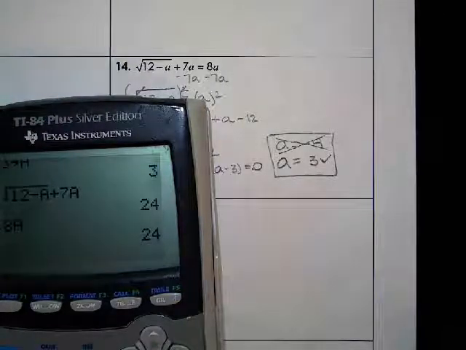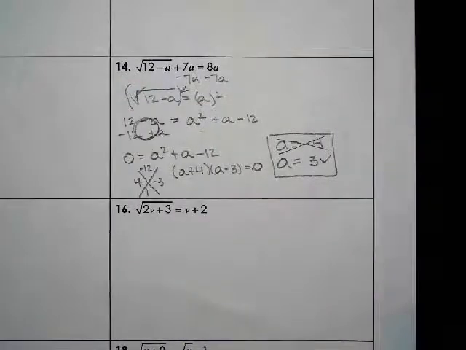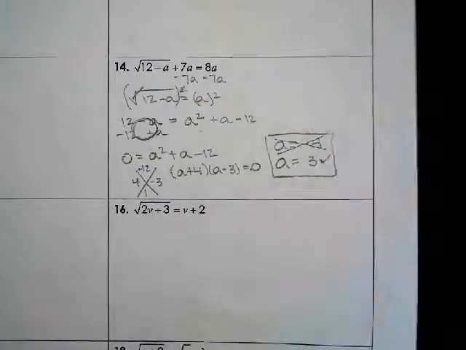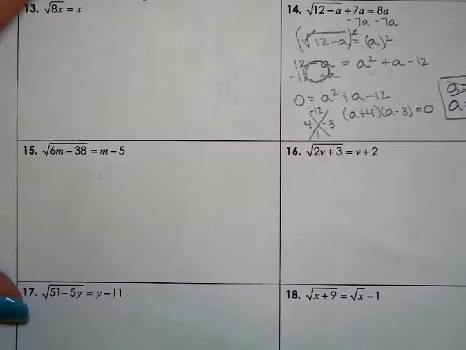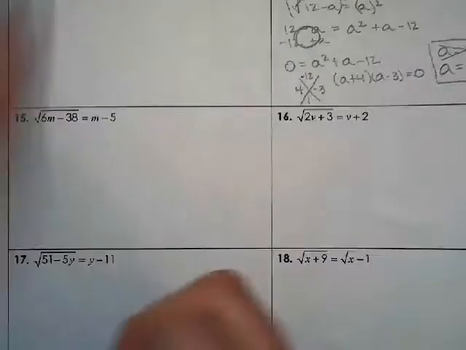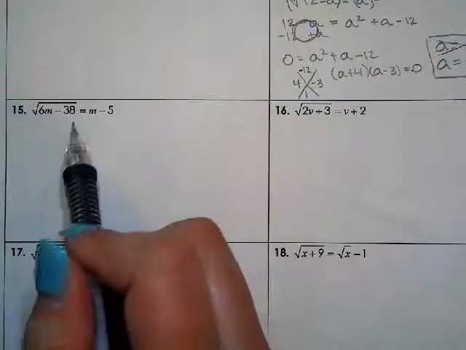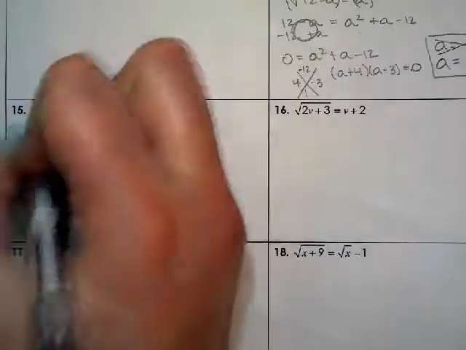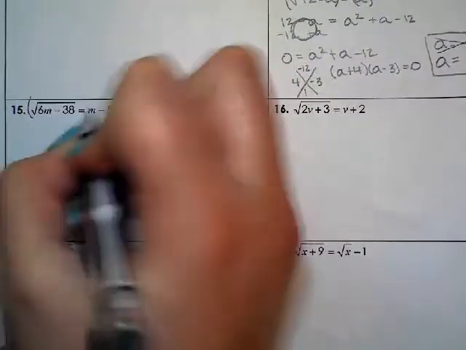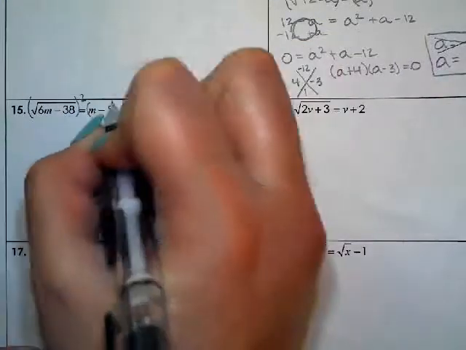Let's go ahead and try number 15. For number 15, our radical is isolated, and then we have something that's not a radical, so I'm going to go ahead and square both sides. When I square the left side, it just gets rid of the radical, leaving 6m minus 38.